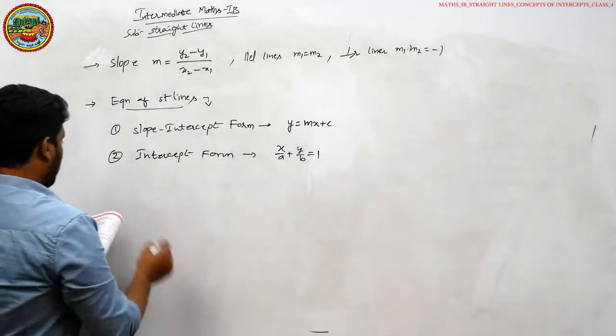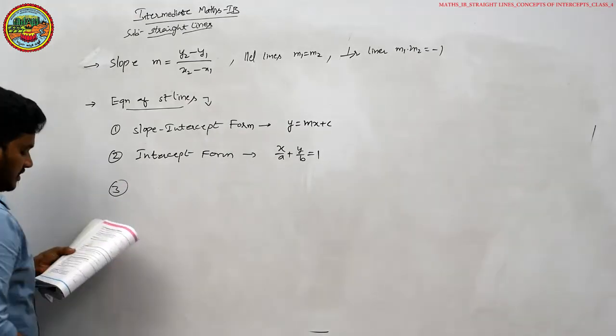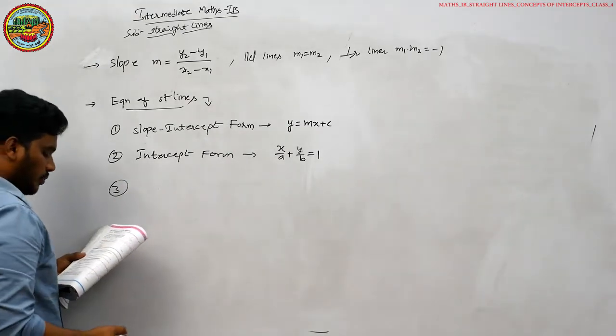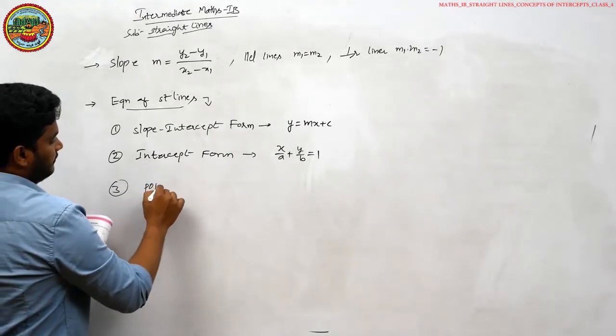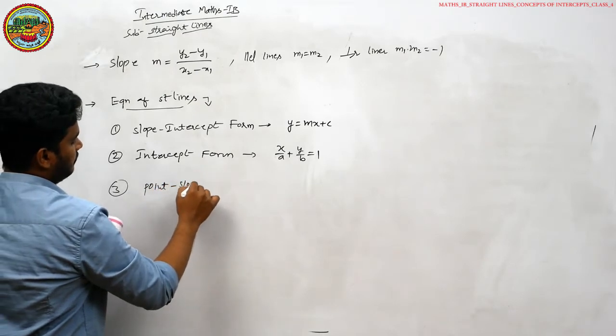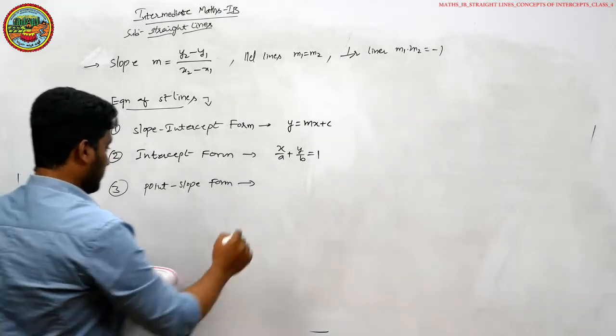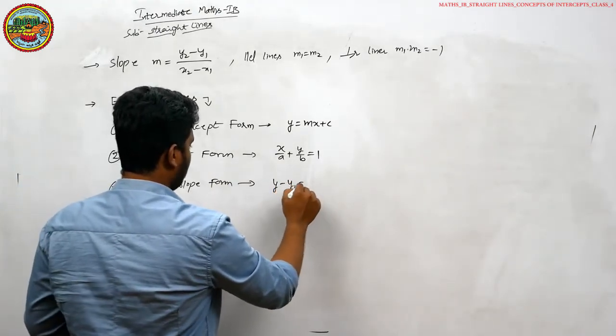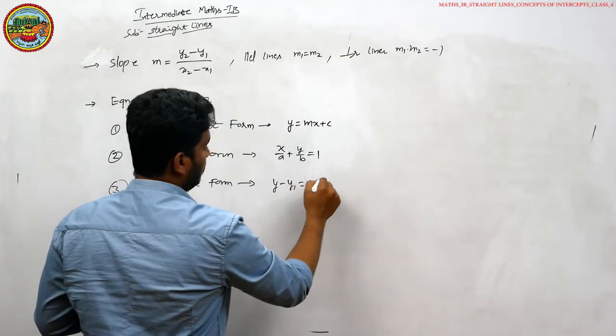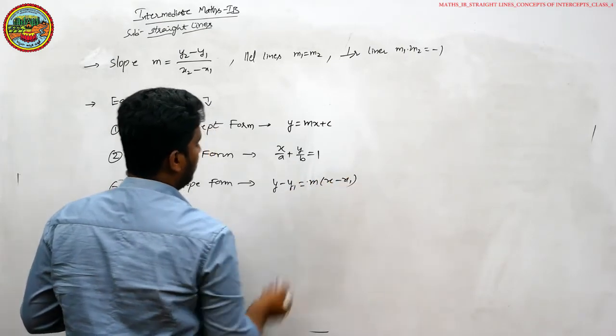Third, the equation of a straight line in point slope form is given by y minus y1 is equal to m into x minus x1.